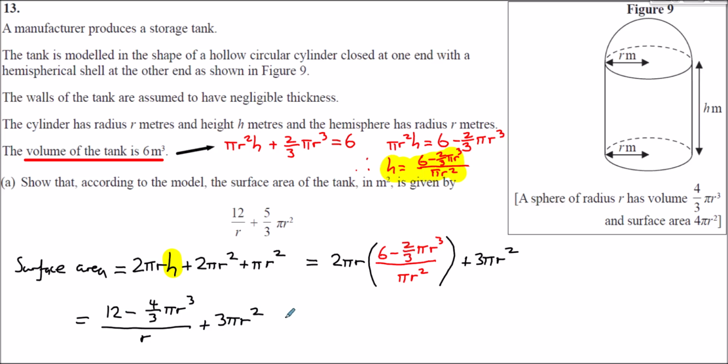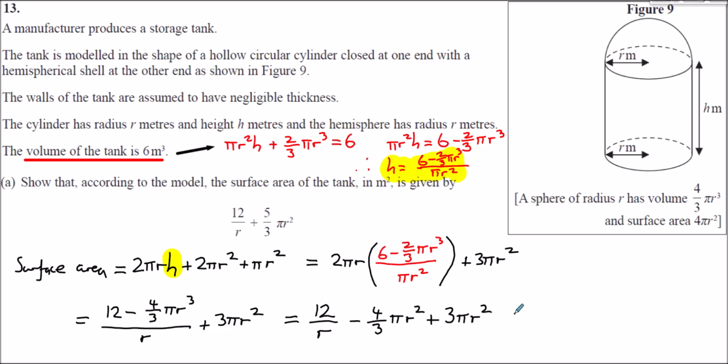This fraction I can now split into 2 parts. I'm going to have 12 over r. This bit now will become minus 4/3, then pi r cubed divided by r will simplify to just 4/3 pi r squared. Plus, of course, the 3 lots of pi r squared.